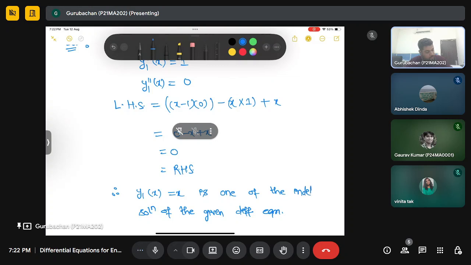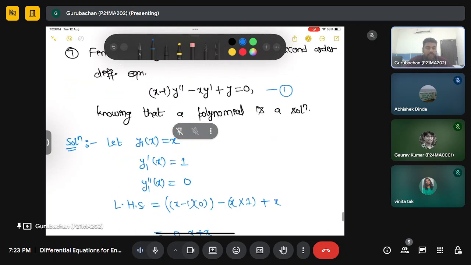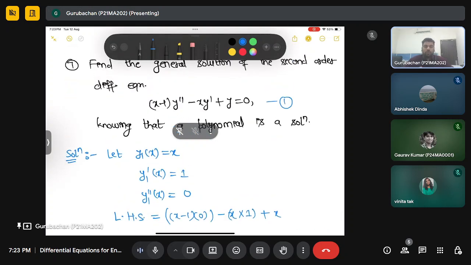Since the order of the given ODE is 2, there must exist two linearly independent solutions, and we need to find the other linearly independent solution with the help of this y1 and Abel's formula.